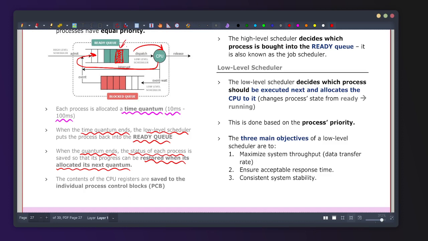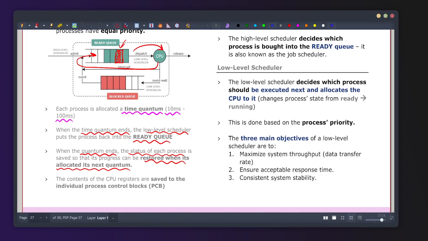Because it can't start from the beginning. It needs to remember what was done to it last. The status of this process before it exhausted its time quantum should be saved somewhere, sort of like saving its progress so it can be executed from the point it stopped. And that process of restoring is where the PCB comes into play.